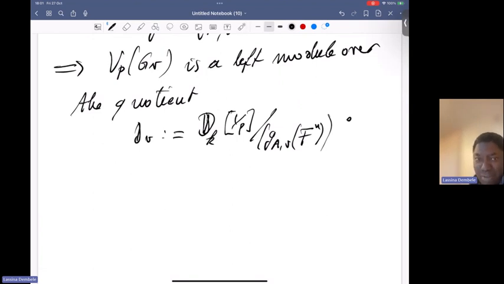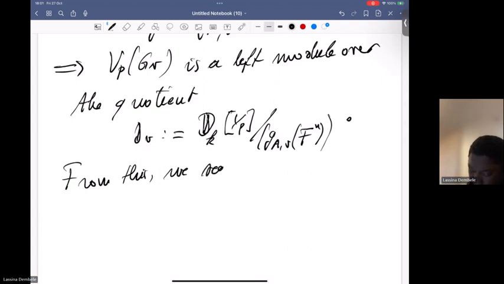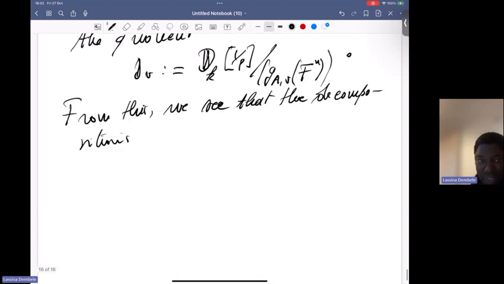So it means that these decompositions are compatible with the isomorphism that we started with. So what are these decompositions?